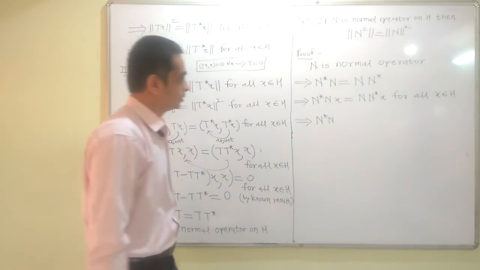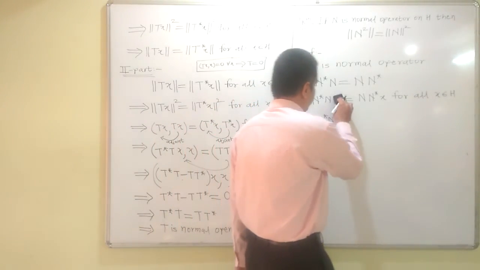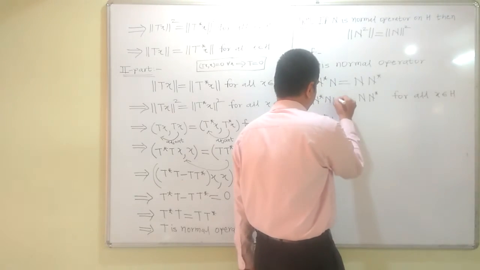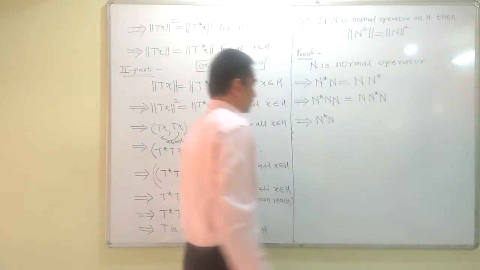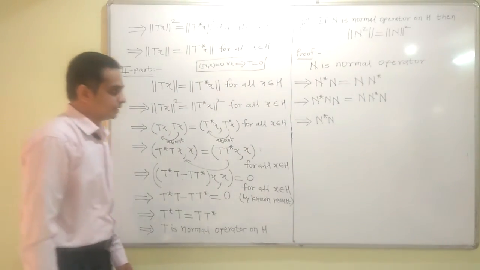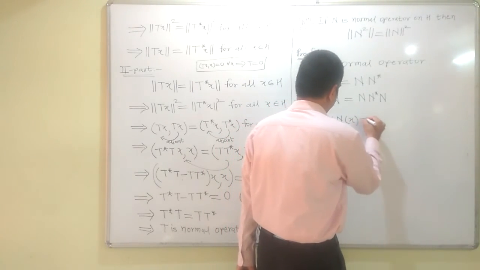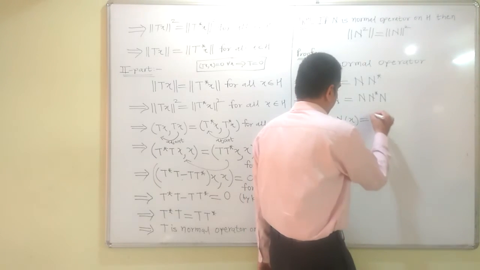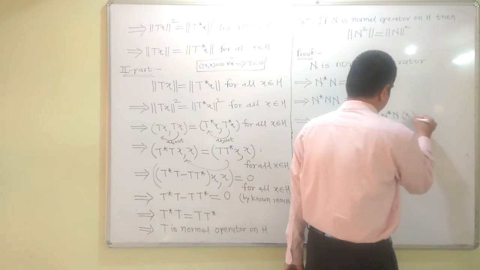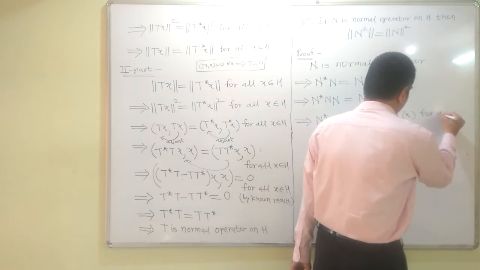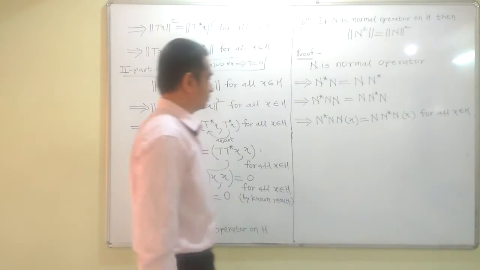Let me add one step prior to this. Then this implies that N*N(Nx) is equal to N*N(N*x) for all x belongs to H.